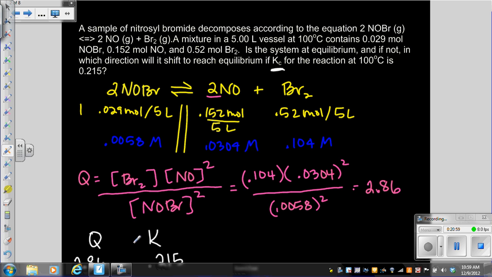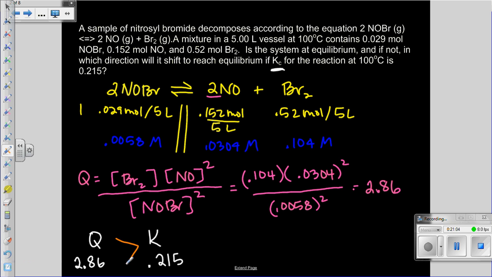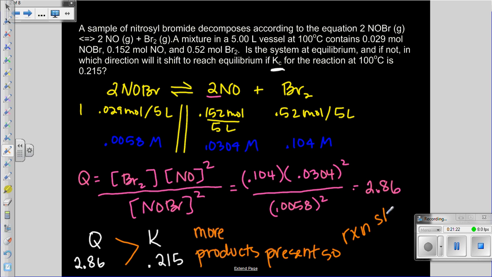In this example, once again, K is less than Q. So that means that we have more products present, and so the reaction will shift left to make more reactants.